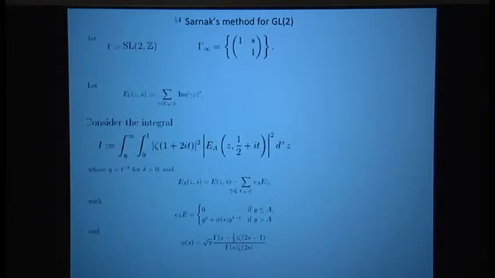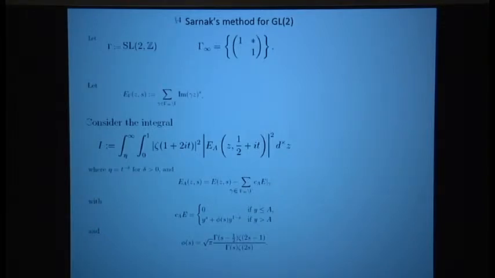Here, the truncated Eisenstein series was used by Selberg in his proof of the Selberg trace formula. The Eisenstein series is not in the L2 space, but the truncated Eisenstein series is. The truncated Eisenstein series is the Eisenstein series minus the tail.